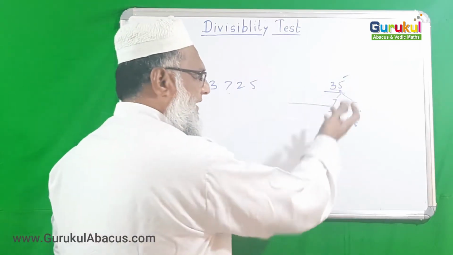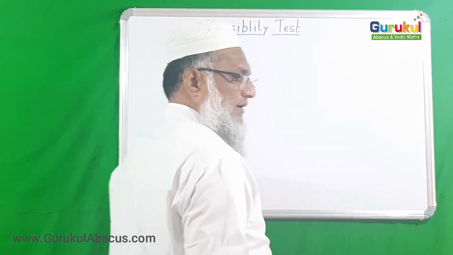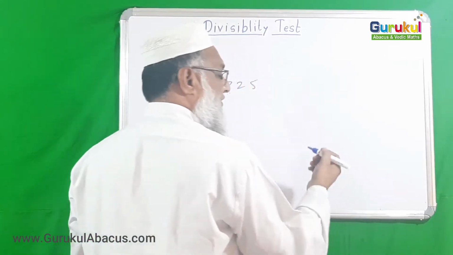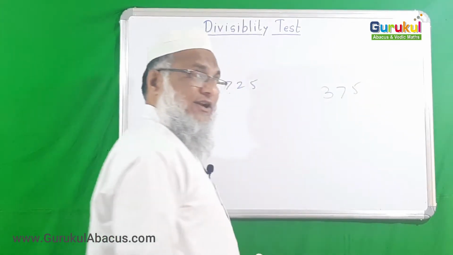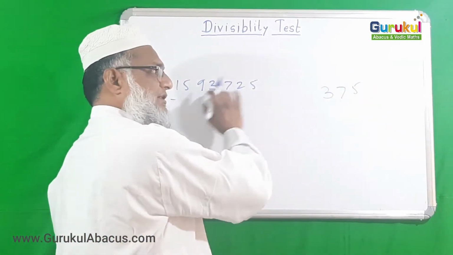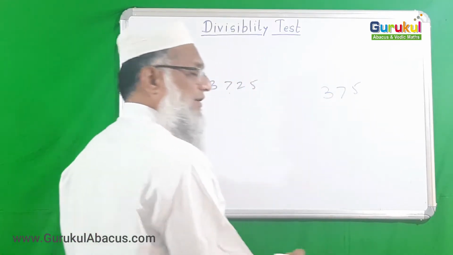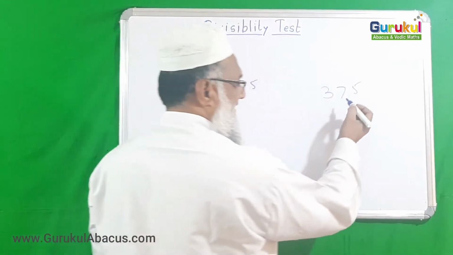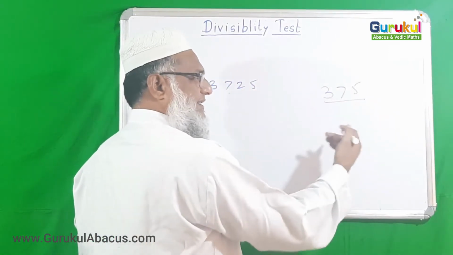Okay, any number would be like that. Sometimes, as one more explanation I want to do, suppose your number is 375 and you are checking whether this given number is exactly divisible by 375 or not. If you observe carefully, you can understand that this number is exactly divisible by 25 also. But go by steps.